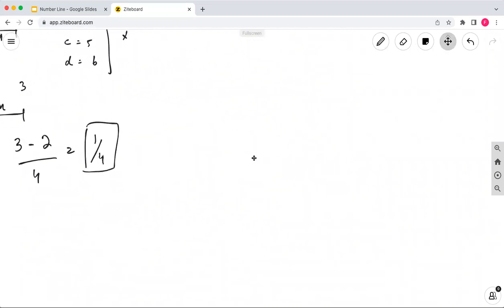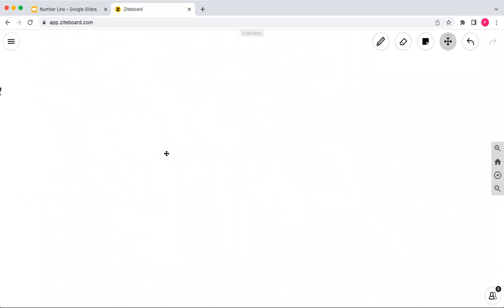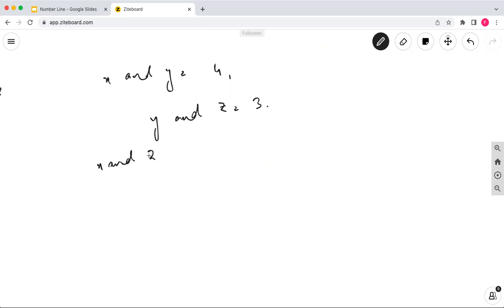Okay. For example, if I ask you that the distance between x and y is 4, and the distance between y and z is 3, what is the distance between x and z? And this is a number line.